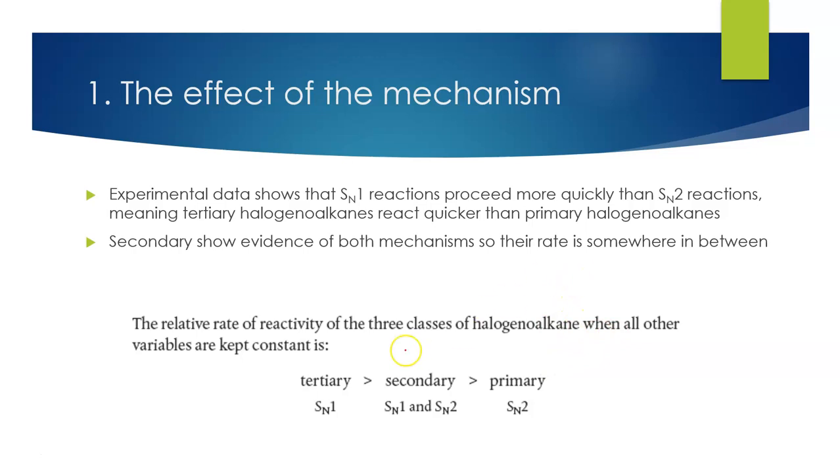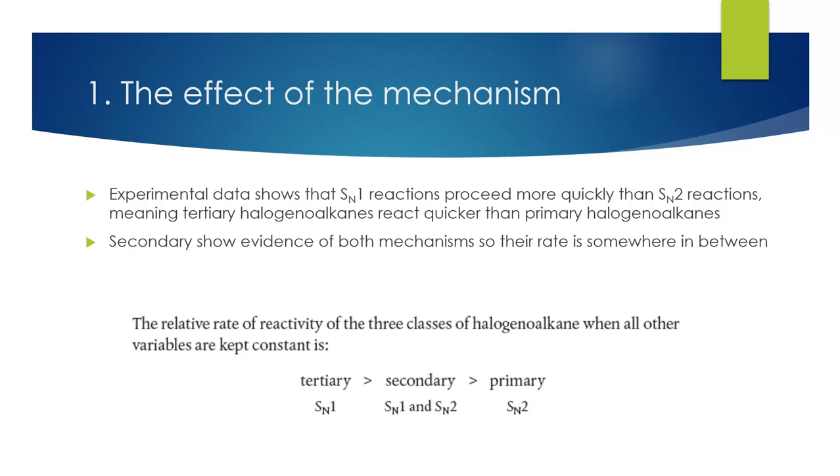So we can place the relative reactivity of these three classes according to their mechanism as tertiary, being pure SN1, being the fastest, secondary because it is a mix of both coming in the middle, and then primary halogenoalkanes because they react via an SN2 being the slowest reaction for these types of substitutions.